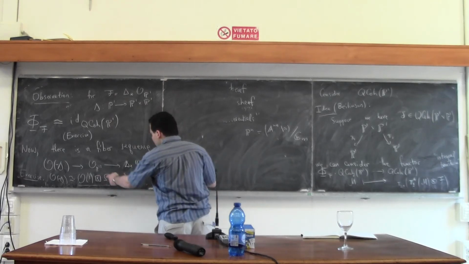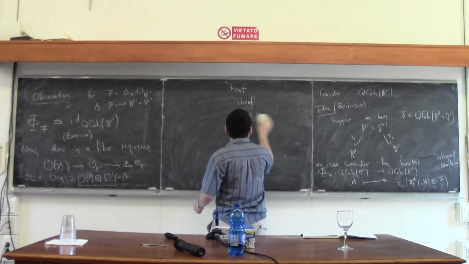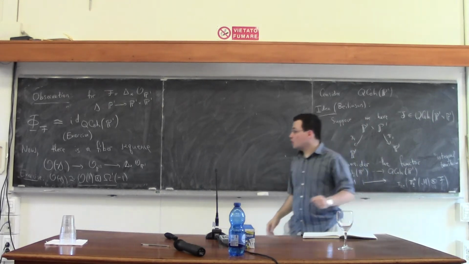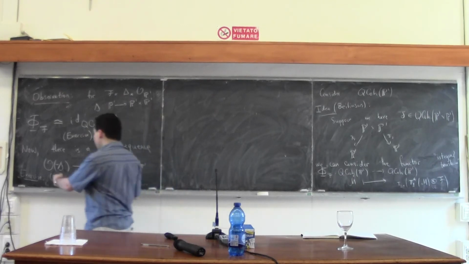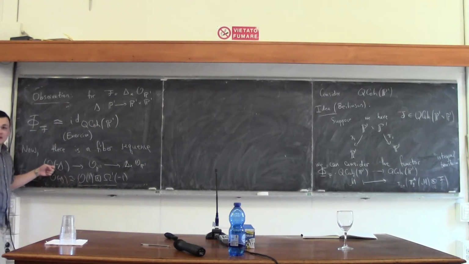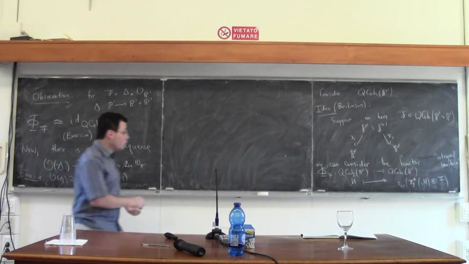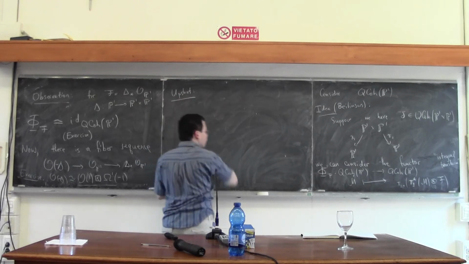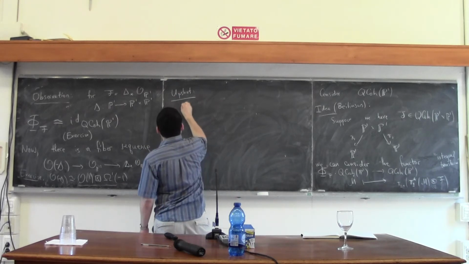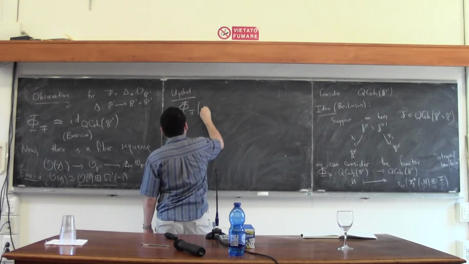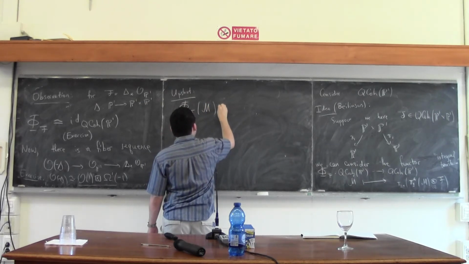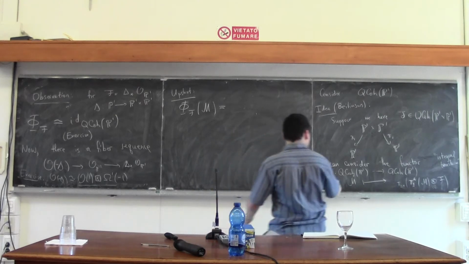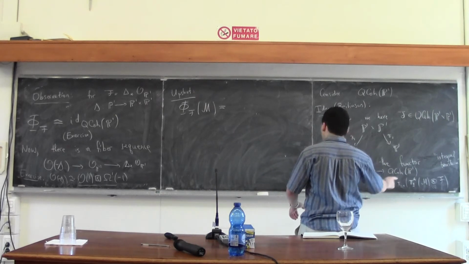But now let's use the fact that all these functors preserve cofiber sequences. So instead of taking this guy, we can take the cofiber of this guy and this guy. So the upshot is that phi sub f of m is equal to, well, let's do it.